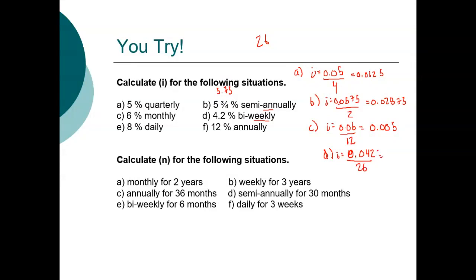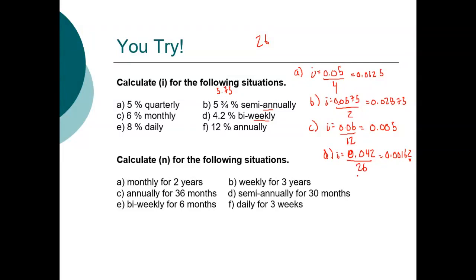Now you can keep this in fraction form if you want, but we get 0.0016. Let's just do 2. We're going to round this number to the nearest decimal place. So I get 0.00162 for my I.